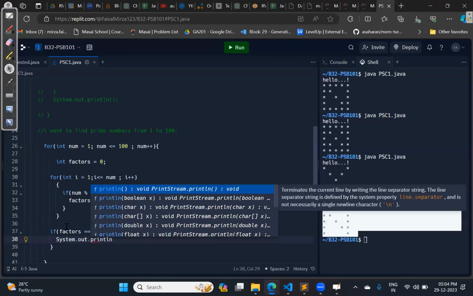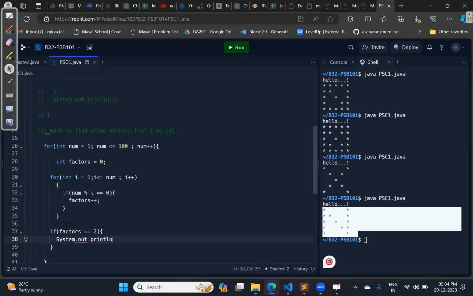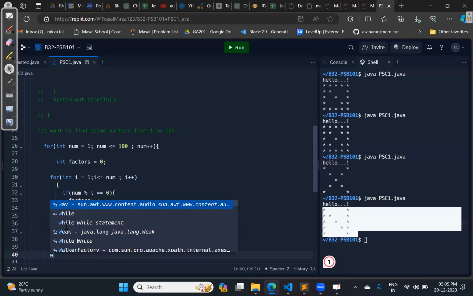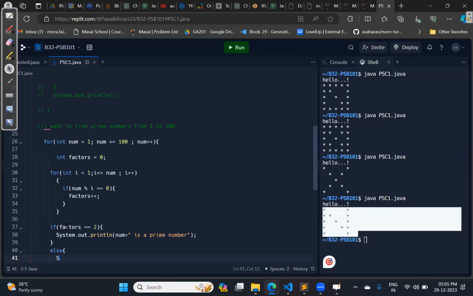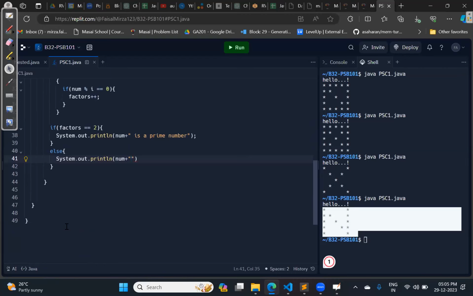System.out.println: num is a prime number. Else, num is not a prime number.